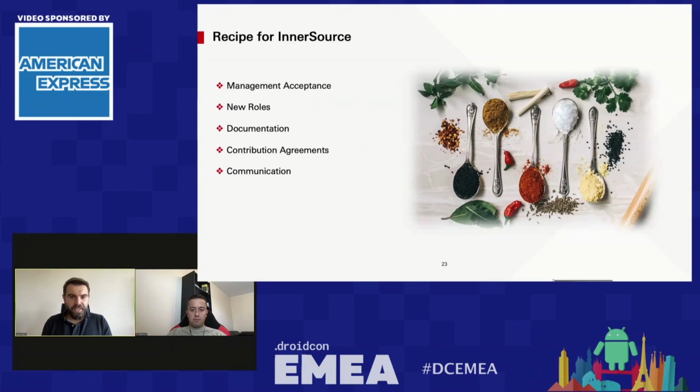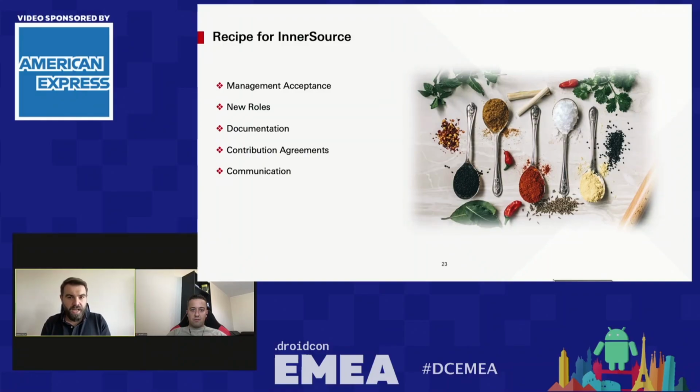So how to achieve that and how to start the transformation within your company? At the beginning, you have to rethink how your work is organized. You have to establish open source culture behind the walls of your company. So first and the most crucial part is your management acceptance. You have to make sure that your managers understand and support this change and see the same benefits as you for the company.